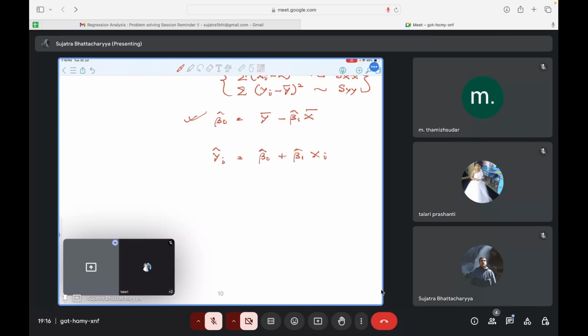Some properties about beta naught cap and beta 1 cap, since these are the estimators we have made. If you take the expectation value of beta naught cap, it comes out to be beta naught, the actual population intercept. Hence, it is an unbiased estimate.